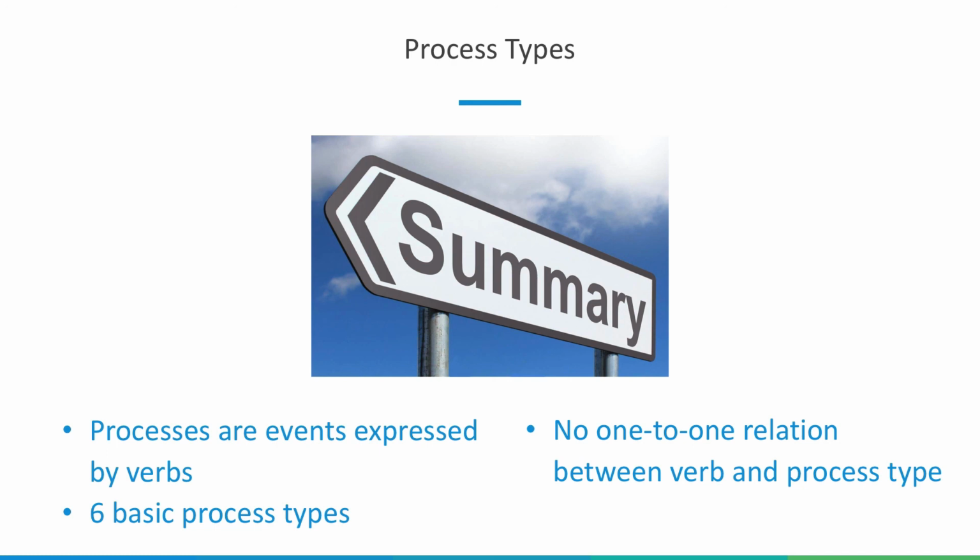The verb is can be a relational process or an existential process. Now, it's very important to develop an understanding of the basic process types because process type is closely related to tense. And tense is what I want to start talking about in the next lesson.